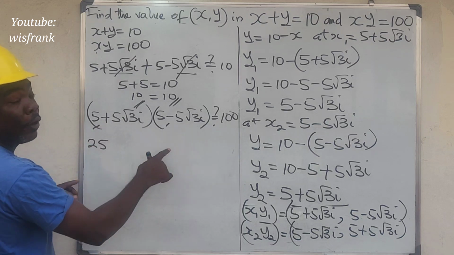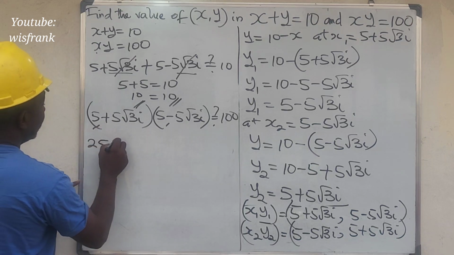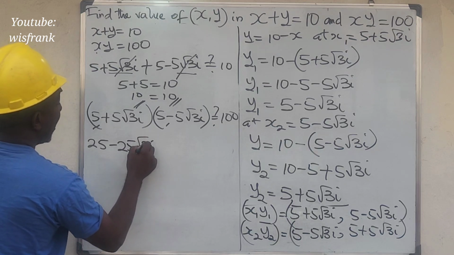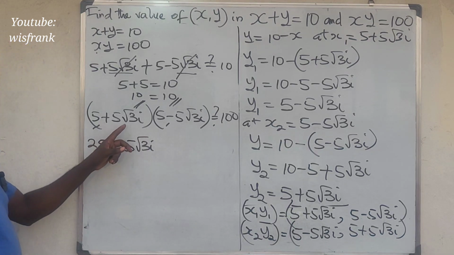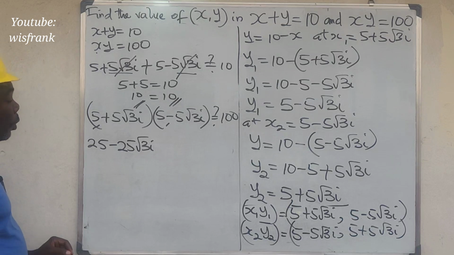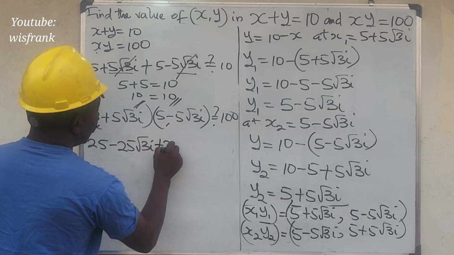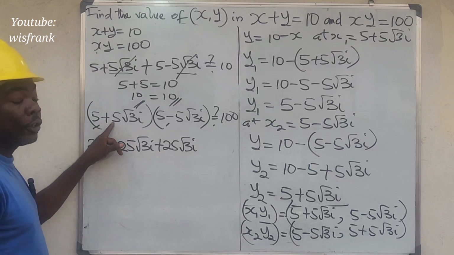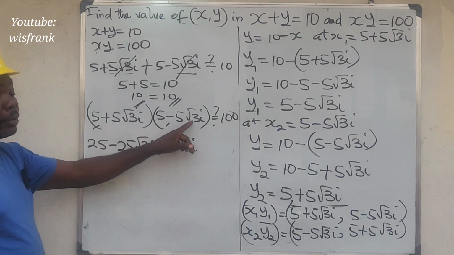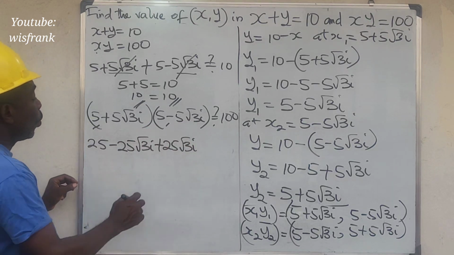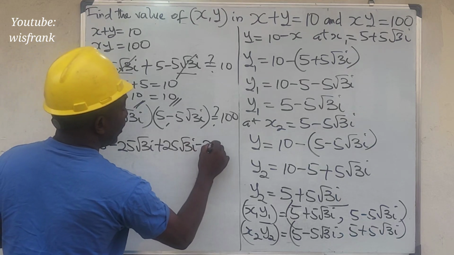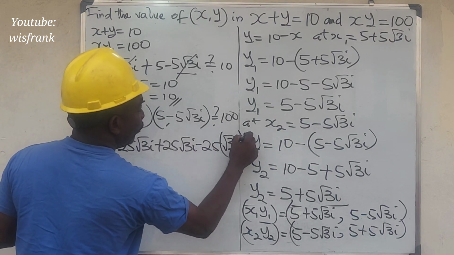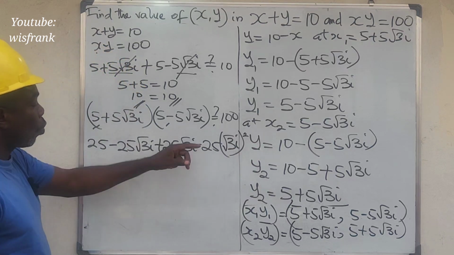We have 5 times minus 5 root 3i will give us minus 25 root 3i. So we have plus 5 root 3i times 5 will give us plus 25 root 3i. So we have plus 5 root 3i times minus 5 root 3i will give us minus 25, so we are now left with root 3i to the power of 2. Will that equal 100?